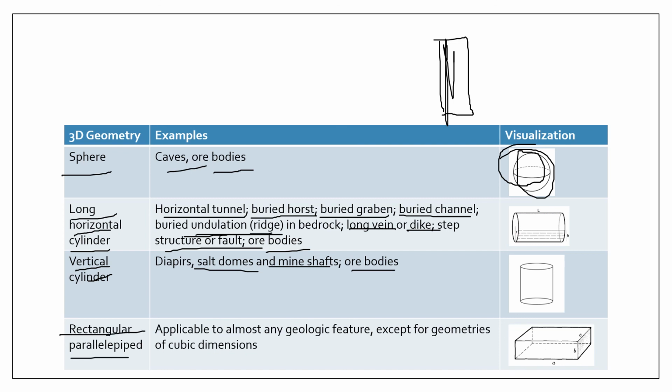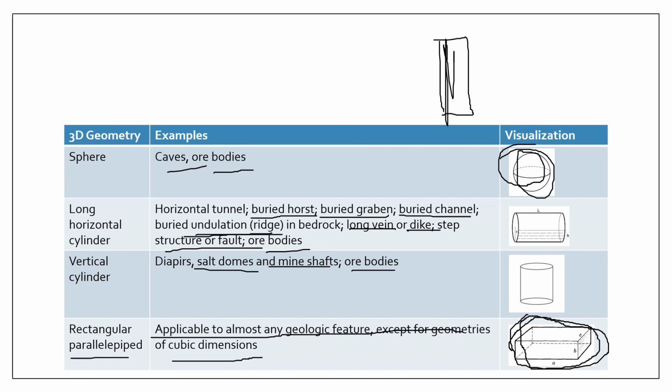A rectangular parallelepiped is basically a 3D rectangle with more or less unequal dimensions. This shape is actually useful for almost any geologic feature except for features that have cubic dimensions.